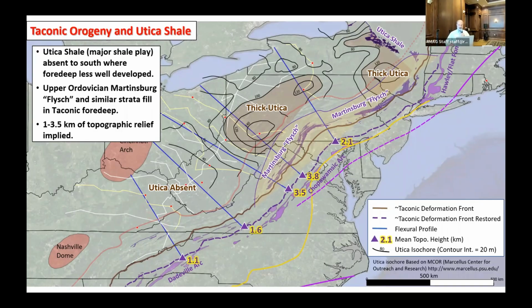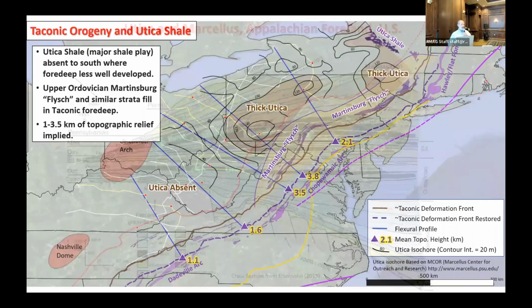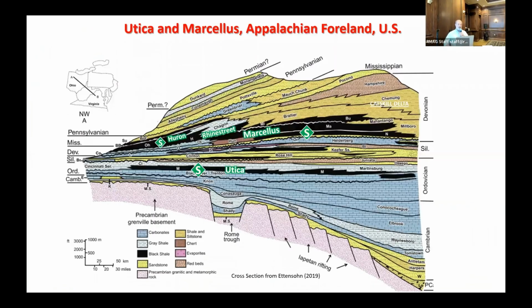So what about this relationship between source rock and these flexural events? This is a cross-section from Edmondson, 2019, and it basically is a dip cross-section. It shows the initial rifting phase, sag, very carbonate-prone, Knox unconformity, and then we have the Utica deposited there, and then the also famous Marcellus deposited in the middle Devonian here.